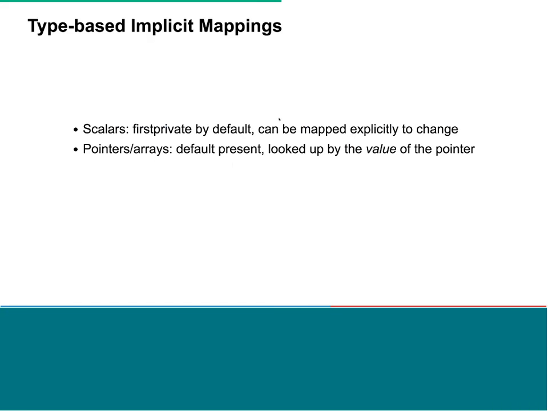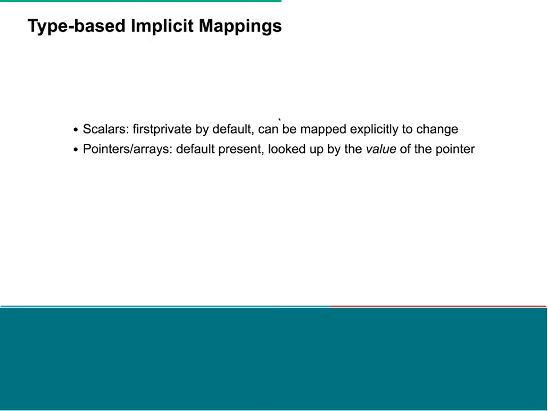Pointers and arrays are mapped as zero-length arrays, somewhat equivalent to the OpenACC present concept. By default, the value of the pointer is looked up, and if it is found to be present on the device, then the pointer is translated.